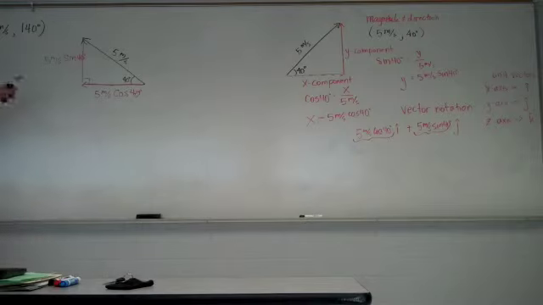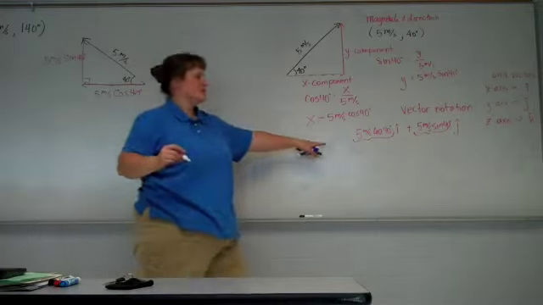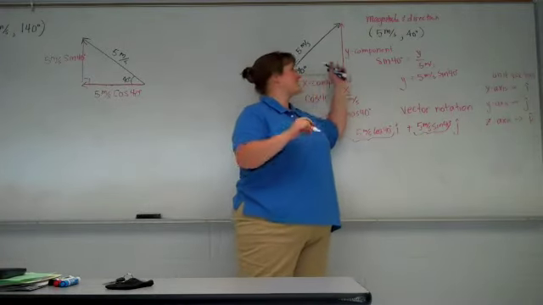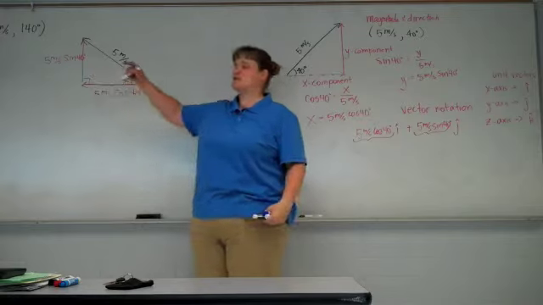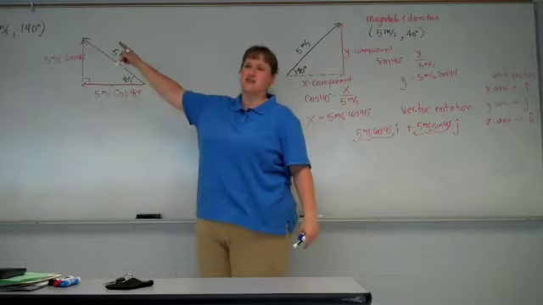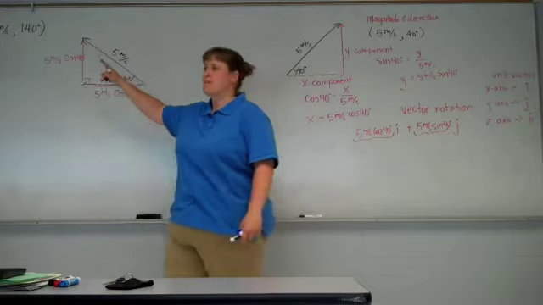But how are we going to change the vector notation to now show that it's not pointing to the right and up, but instead is pointing to the left and up? Change the signs.